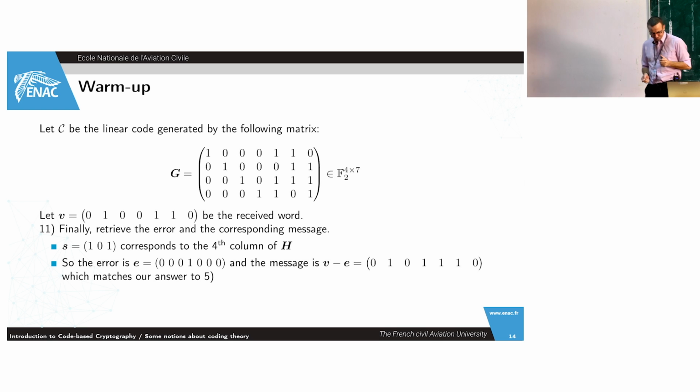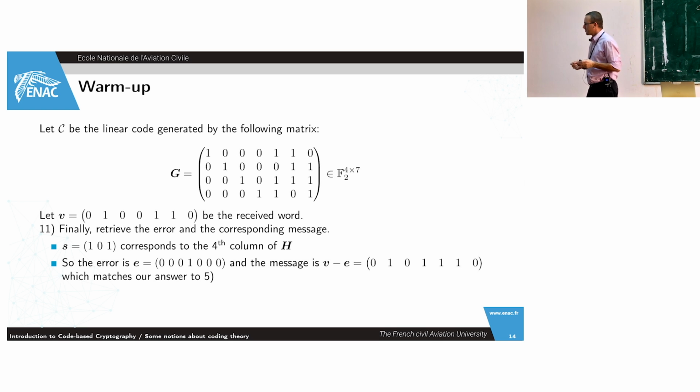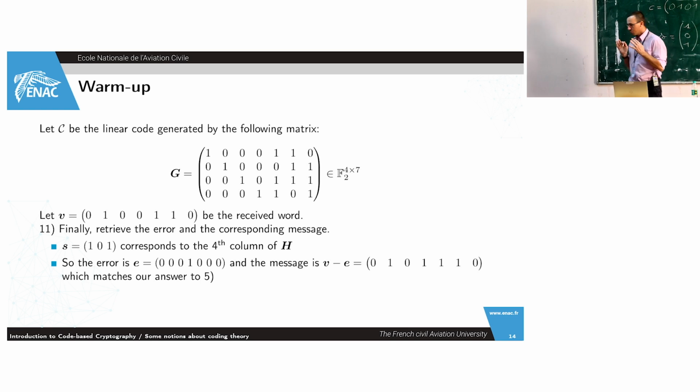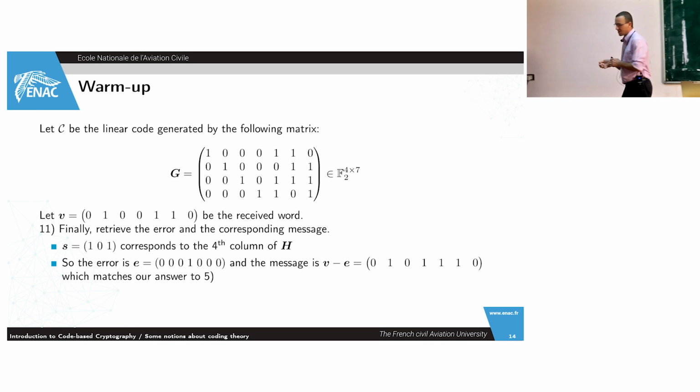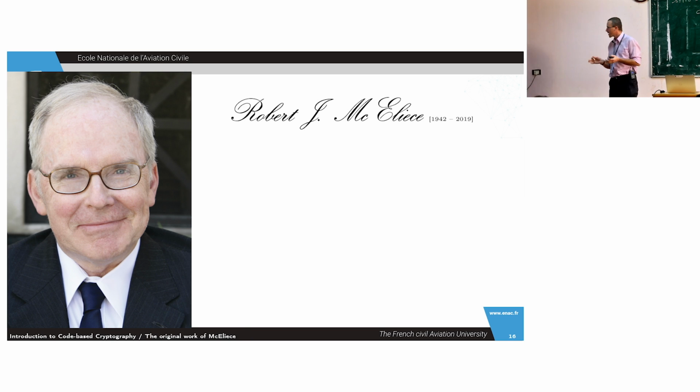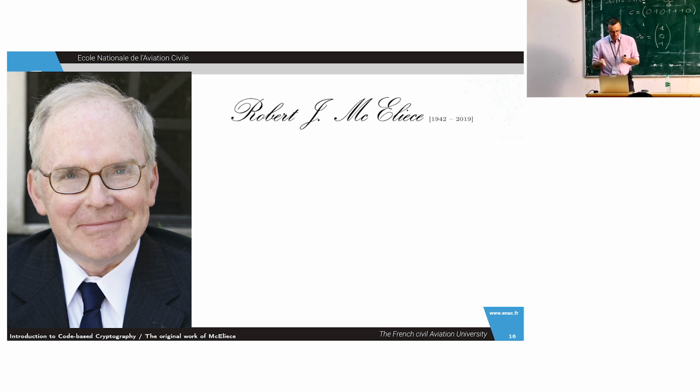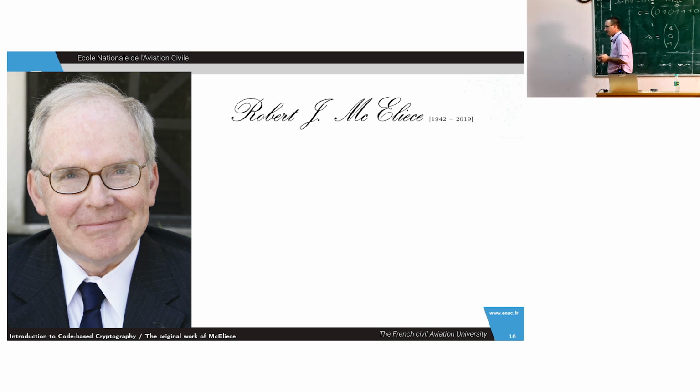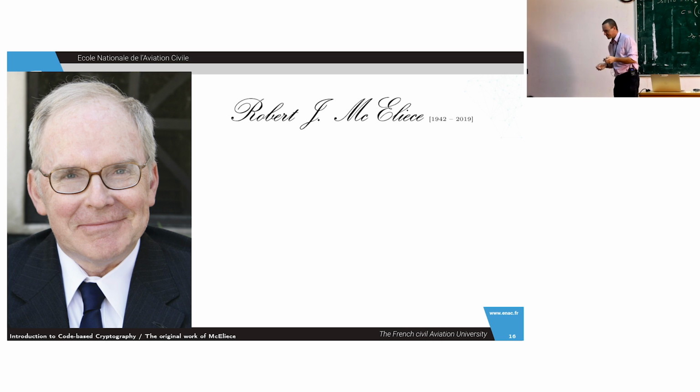Thanks. Anyway, let's keep to the original work of McEliece. If you don't know McEliece, unfortunately, you won't get to know him. He passed away 4 years ago. But McEliece was an incredible person.